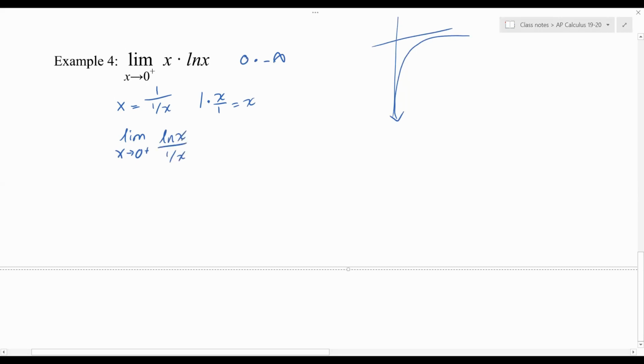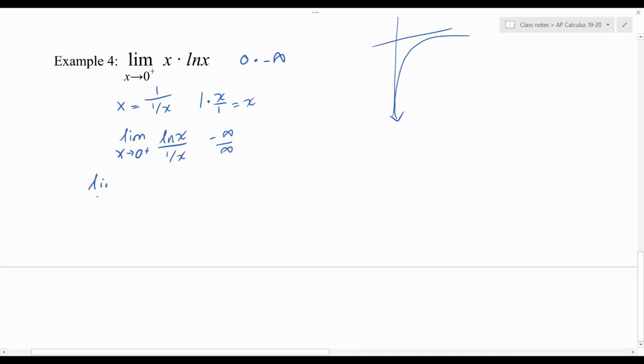Dividing by the reciprocal is the same thing as multiplying. Now if we plug in 0, we get negative infinity. 1 over 0 would be, from the right, positive infinity. So now we can use L'Hopital's rule.